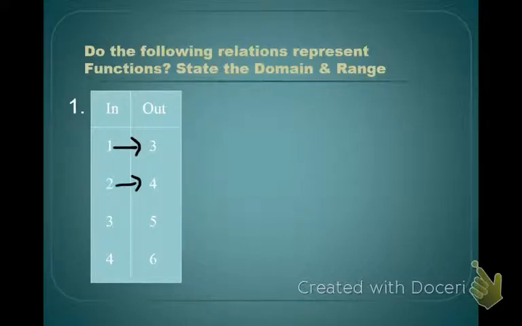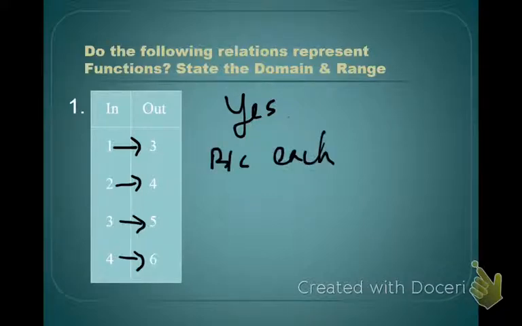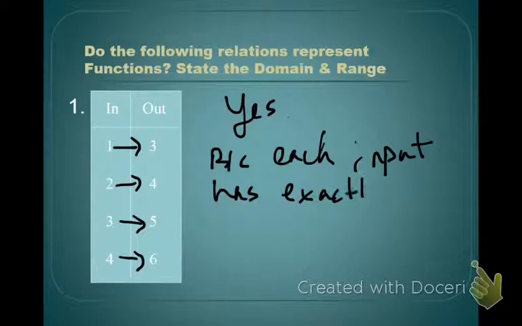For the input of 2, we've got exactly one output. For the 3, we've got exactly 1. For the 4, we've got exactly 1 output. And so is this a function? The answer to that question is yes. Okay? And your reason is because each input has exactly one output.